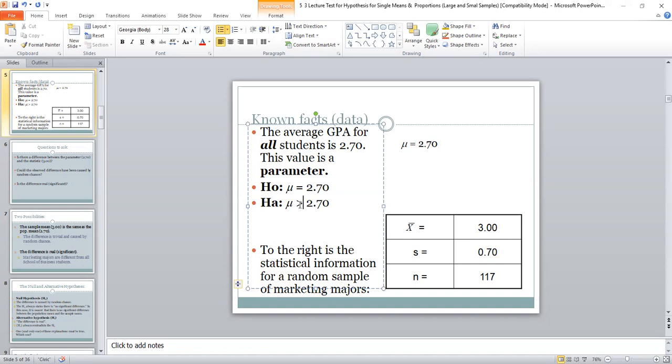Now note that the test statistic is dependent on whether the sample is large or the sample is small. It's important to note that the test statistic is stated depending on whether the sample is large or the sample is small.